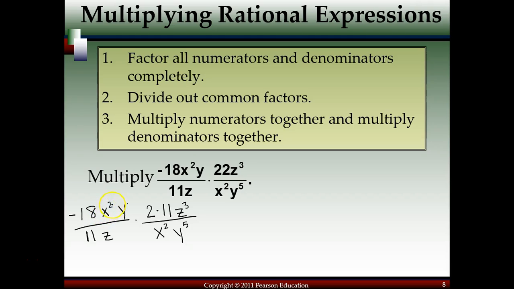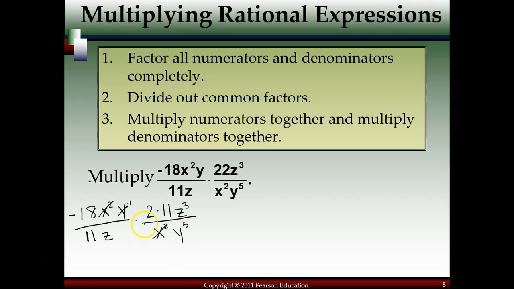But when we go to x squared, there is also an x squared over here in this denominator. So x squared from the numerator cancels out with x squared in the denominator over here. And now also we have a y. It's considered y to the first.